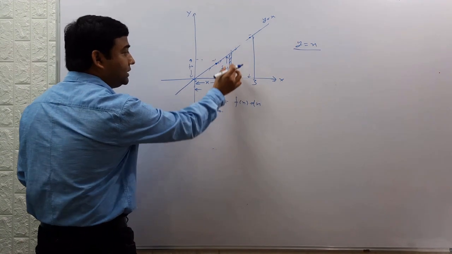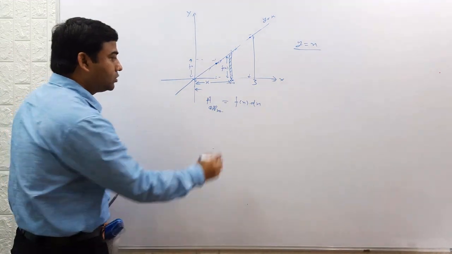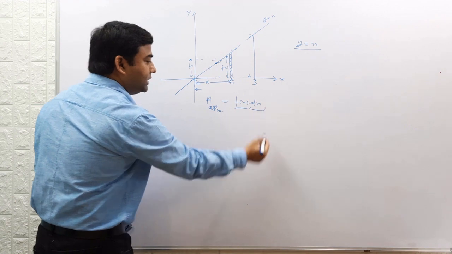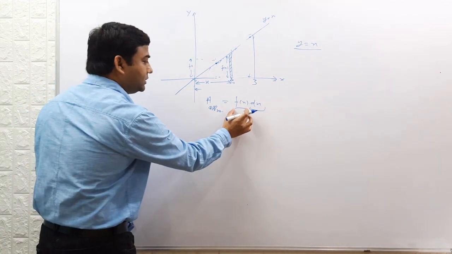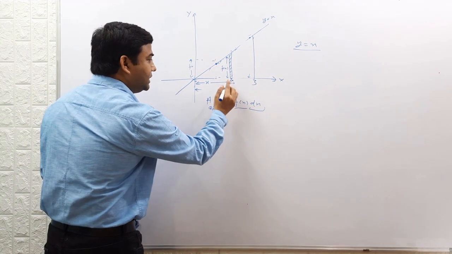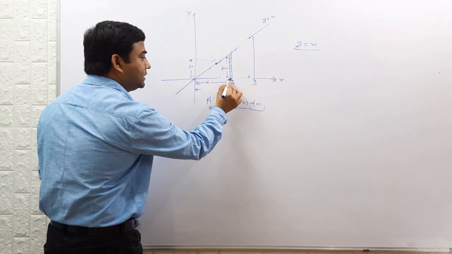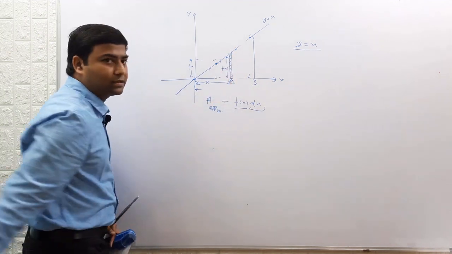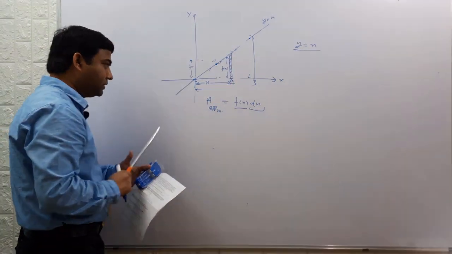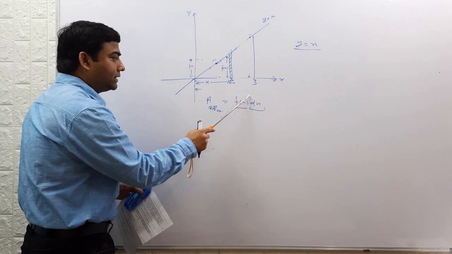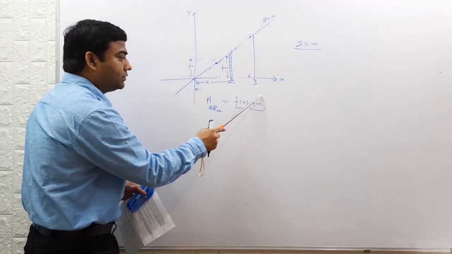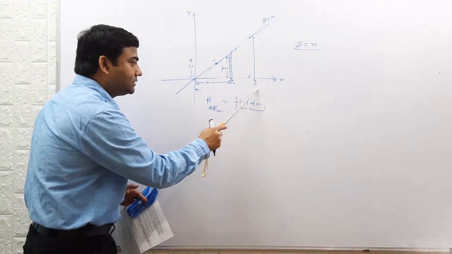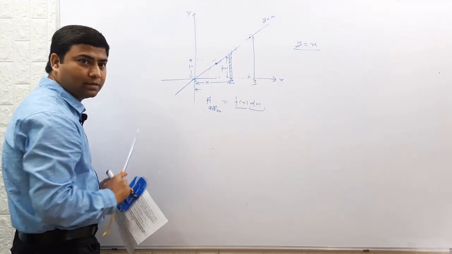It is not the actual area of this strip, because we have assumed f(x) constant over width dx, whereas theoretically it will change. At this end it will be equal to f(x), at the other end it will be equal to f(x plus dx). But we have assumed that the height of the rectangle is constant over dx width. Hence the area of the rectangle is f(x) into dx. This is approximate area.